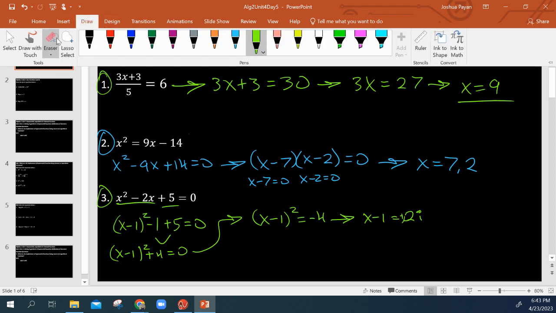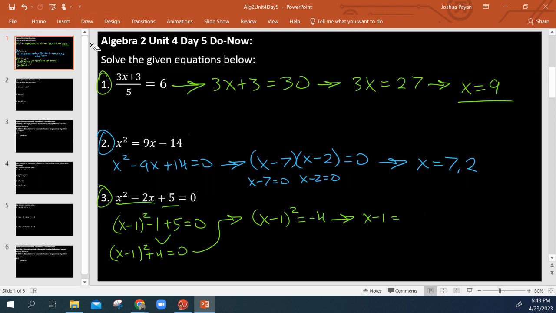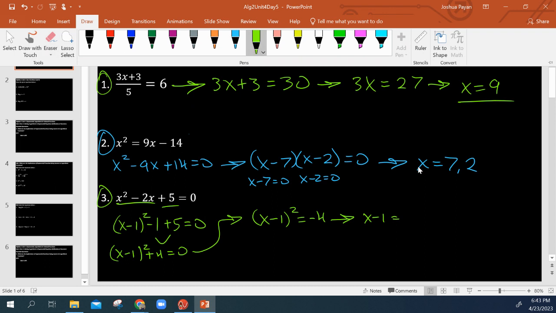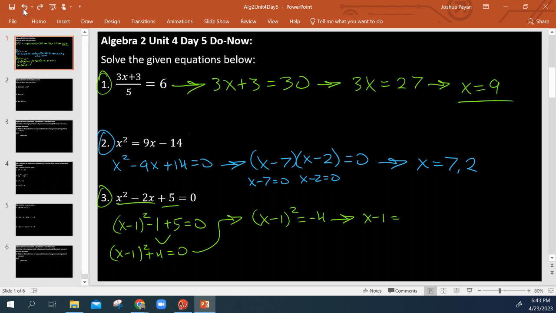Here, I didn't give myself enough room. Remember, every time you take a square root, you're always going to be plus or minus. The square root of negative 4 would be plus or minus 2i. Ultimately, if we're dealing with imaginary or complex numbers, the plus or minus doesn't really matter. But my two solutions, after I add 1 to both sides, are going to be 1 plus or minus 2i. Those would be my solutions on all of these problems.